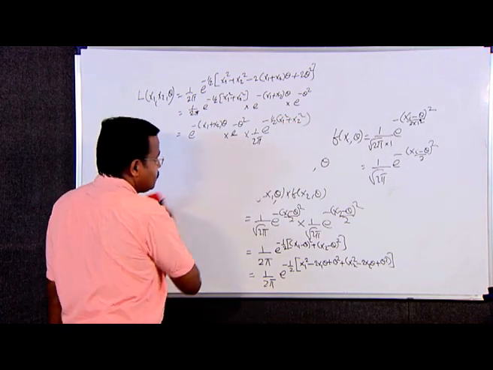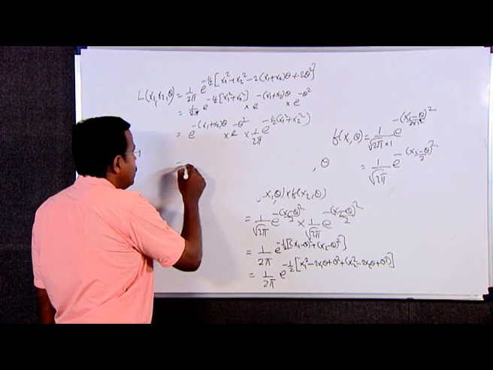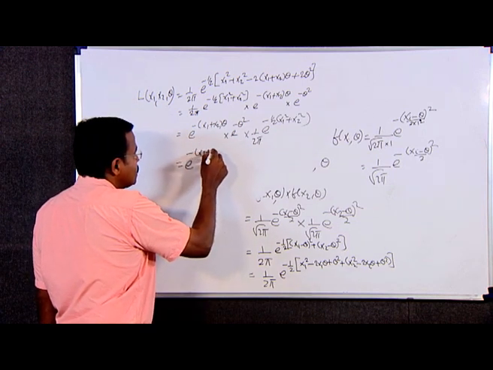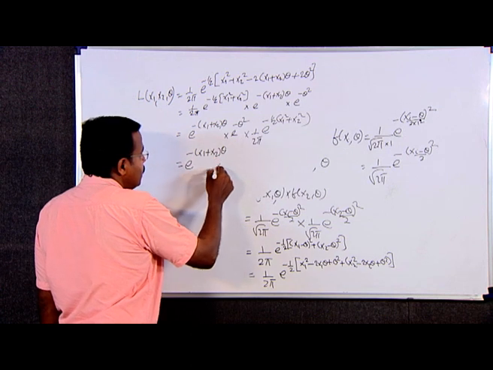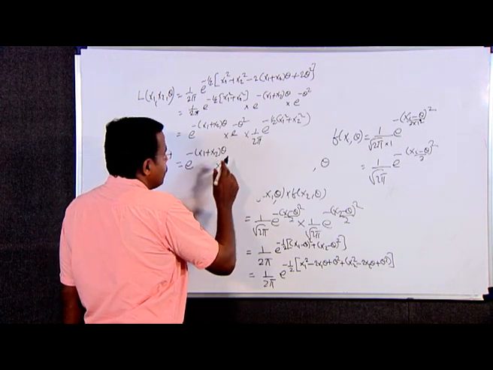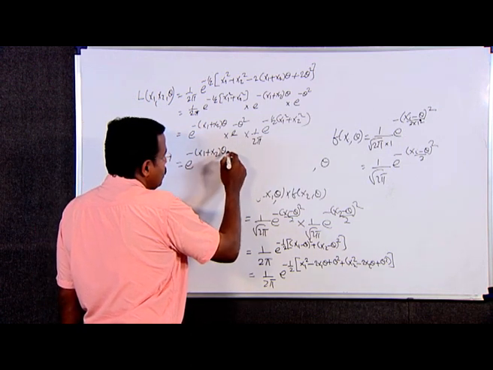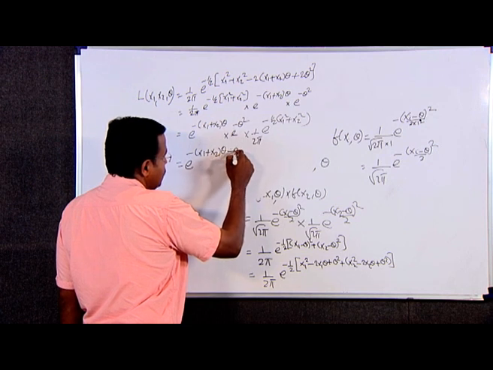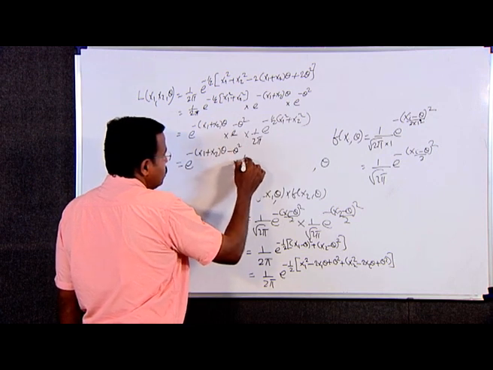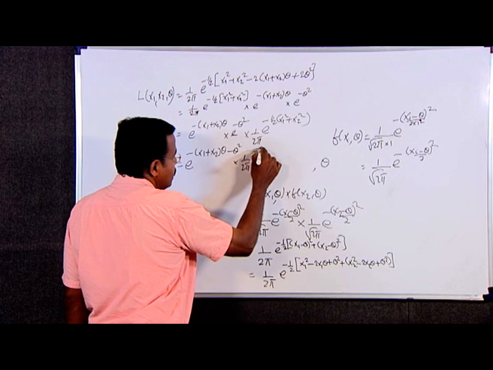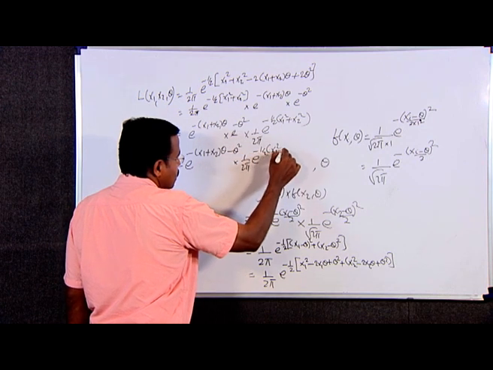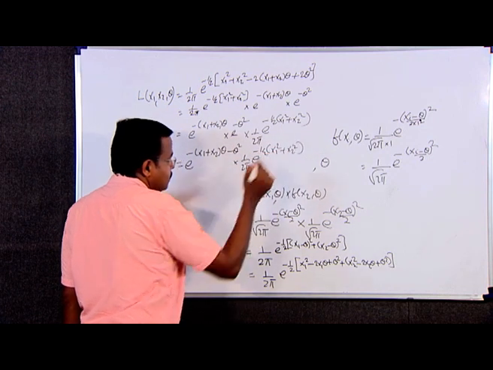That is, this is equal to e raised to minus of (x1 plus x2) into theta minus theta square, into 1 by 2 pi into e raised to minus 1 by 2 into (x1 square plus x2 square).